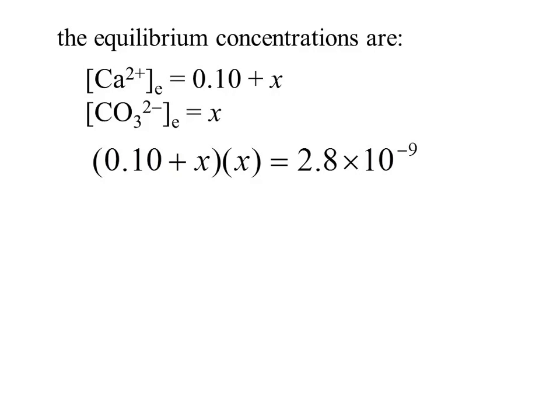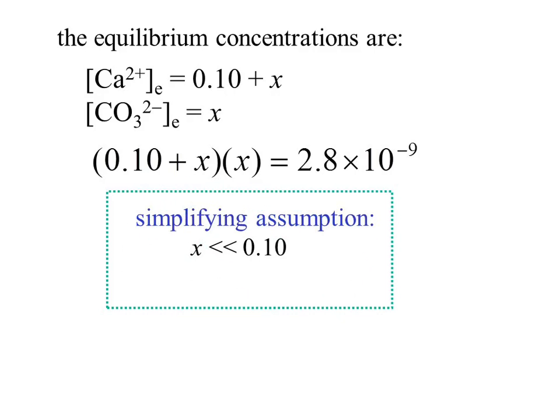The third line is your KSP. KSP is equal to the molar concentration of each of them raised to the first power, which is, again, the 2.8 times 10 to the negative 9th. That's what you would look up in a table. So here's my simplifying assumption.